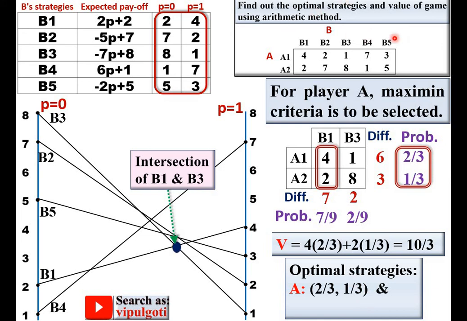Now I am going to write the optimal strategy for player B. Player B has 5 strategies, and in the final payoff matrix player B follows only the B1 and B3 strategies with probabilities 7 by 9 and 2 by 9. So the first and third strategies with probabilities 7 by 9 and 2 by 9, and the remaining probabilities are 0.